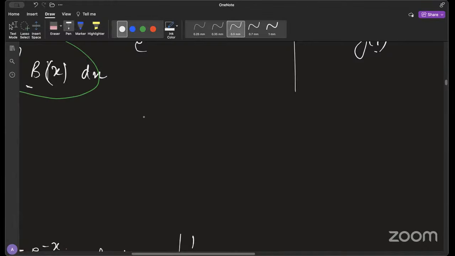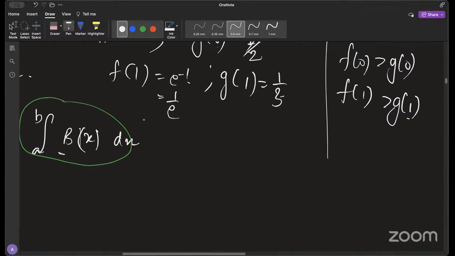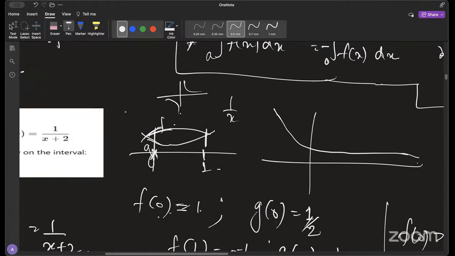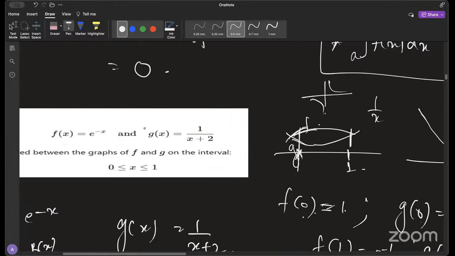You can use the calculator whatever way suits you. That's fine. Does anyone have a doubt in this question? Any other doubt in this one?